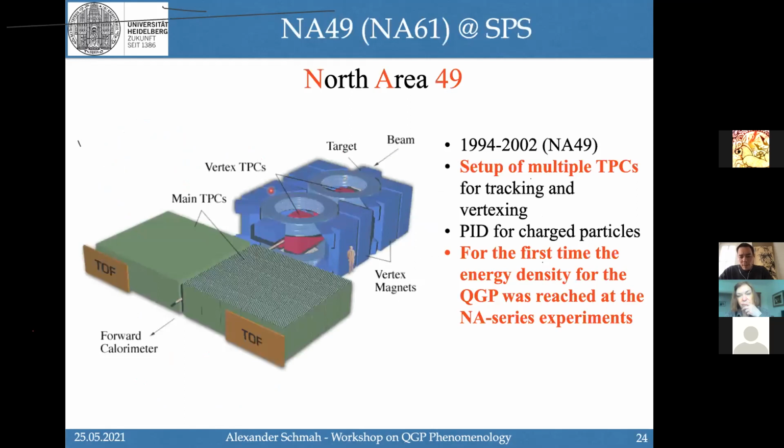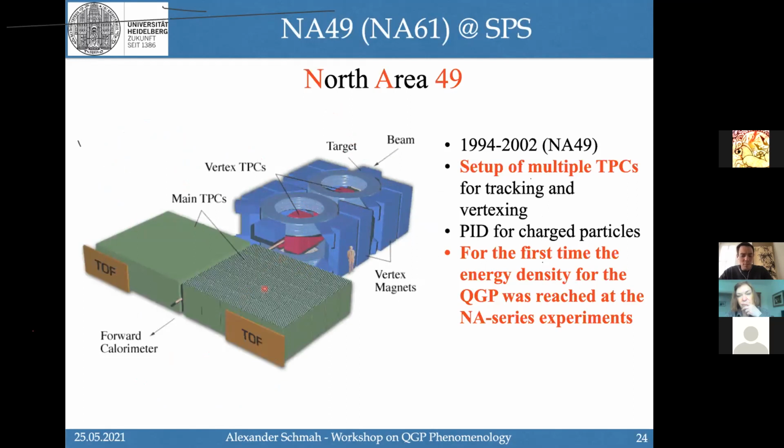So very similar to the previous experiment is actually NA49, so North Area 49 at SPS at CERN. So you see this kind of setup of this box-like TPC with a dipole magnetic field is in principle very identical to the EOS one. Here was a setup with two so-called vertex TPCs and then two main TPCs, and used for particle tracking, but also for particle identification.